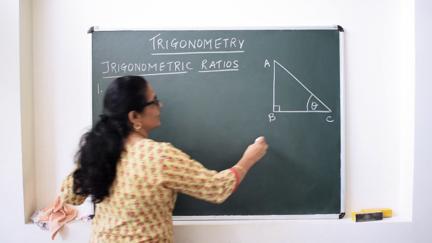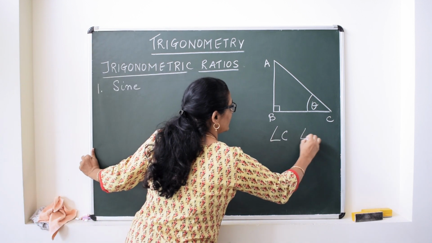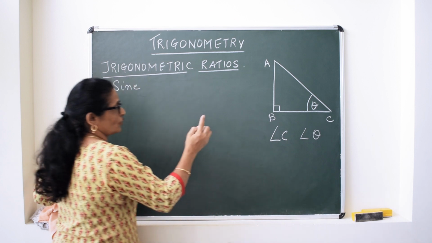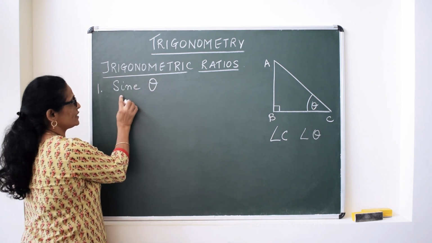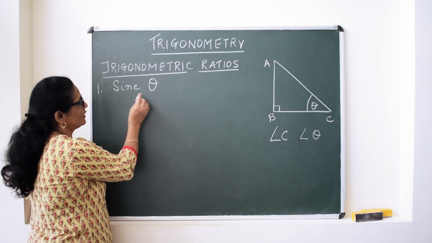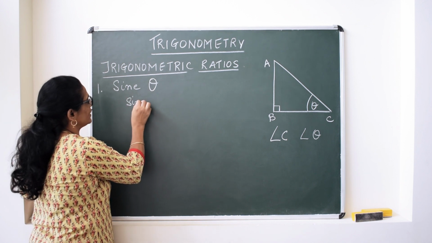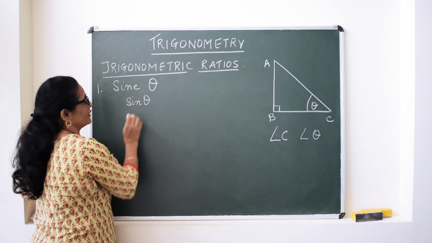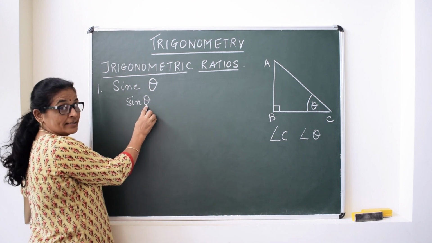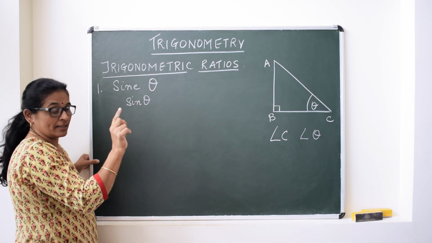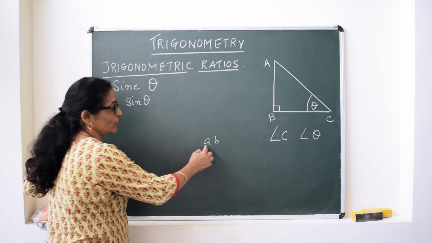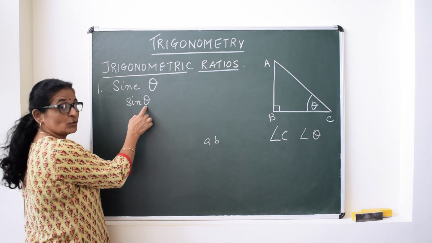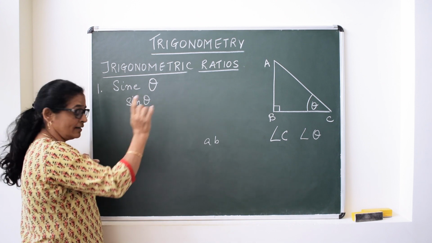We can also name it angle C or angle theta. For this, sine of theta means sine of angle theta, and in short form we write it as sin theta. It is not sine into theta, because normally when we write something like AB, we take it as A into B. But here it is not sine into theta. This is sine of this angle theta.